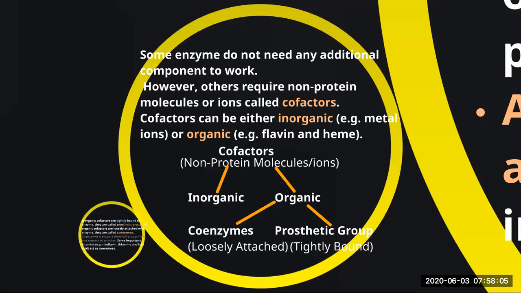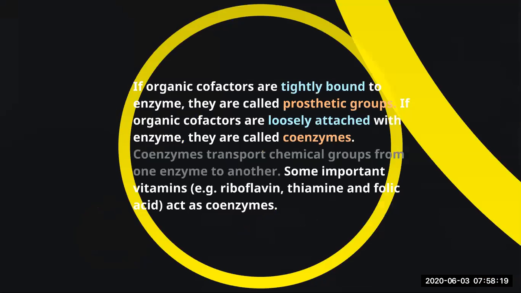I am going to tell you the theory again as mentioned in the book, but kindly note down this flow chart to easily learn this point of cofactors. If organic cofactors are tightly bound to the enzyme, it is called a prosthetic group. If they are loosely attached, they are called coenzymes.